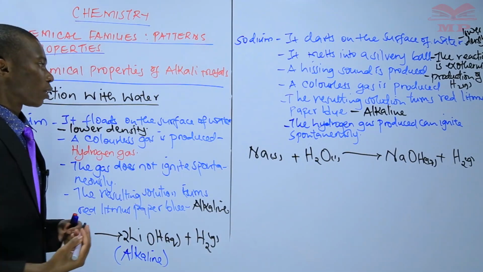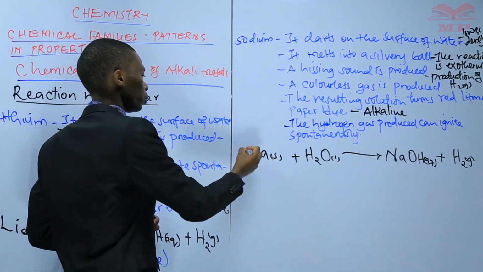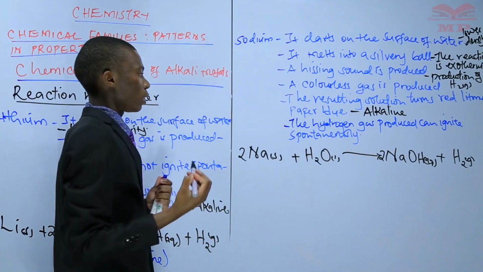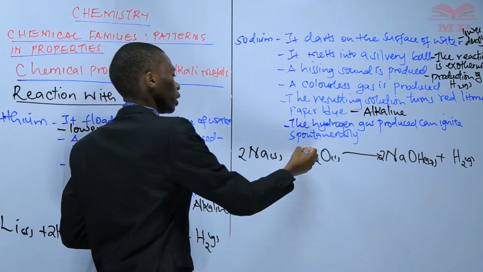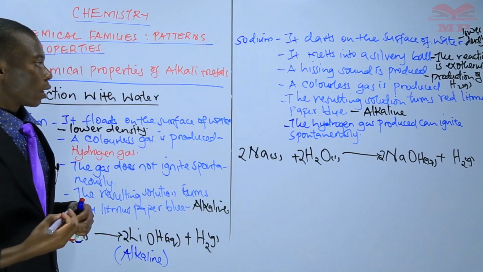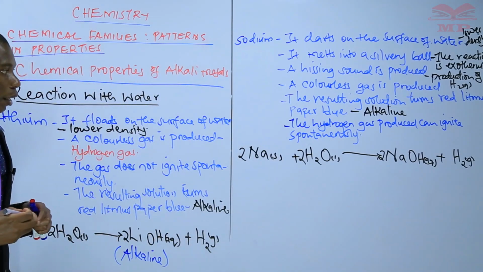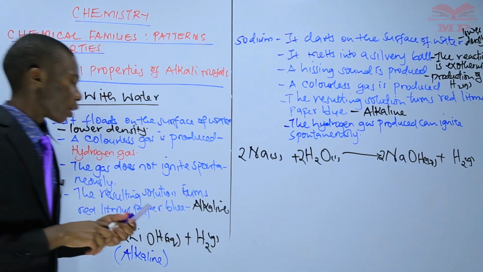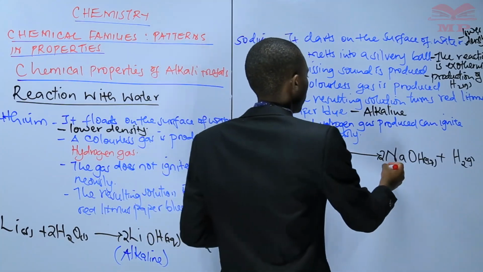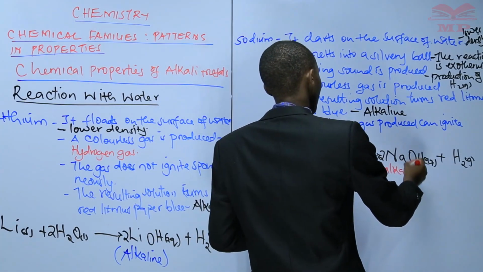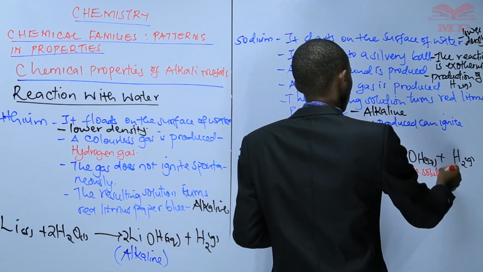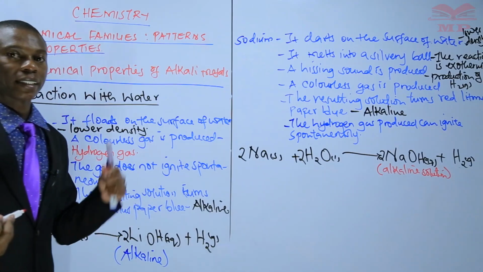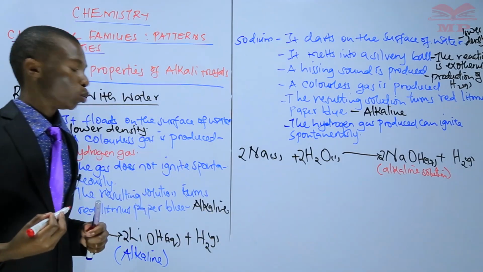Therefore, to balance the equation, we need a 2 before sodium, a 2 before sodium hydroxide to balance the sodium atoms, and a 2 just before water to balance the hydrogen and oxygen atoms. Therefore, that should be the equation for the reaction. And this is what we have called an alkaline solution. That is the solution which is making the litmus paper turn from red to blue.